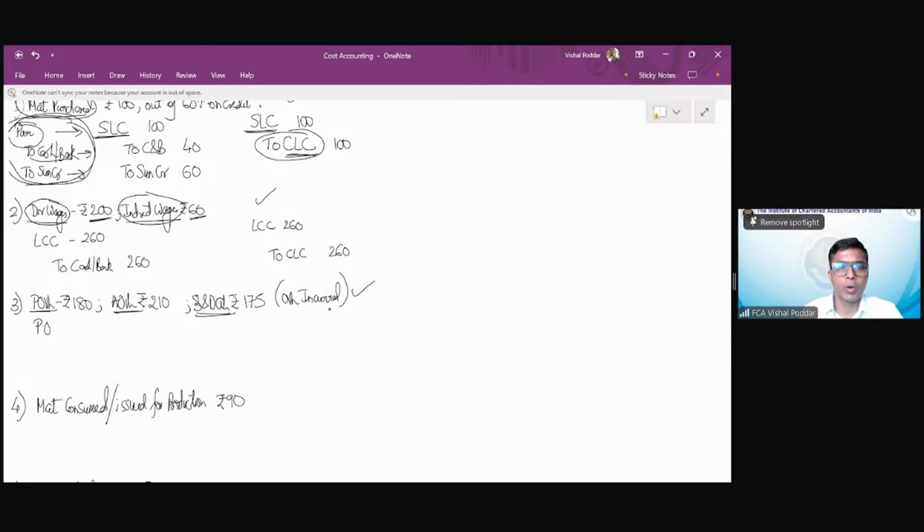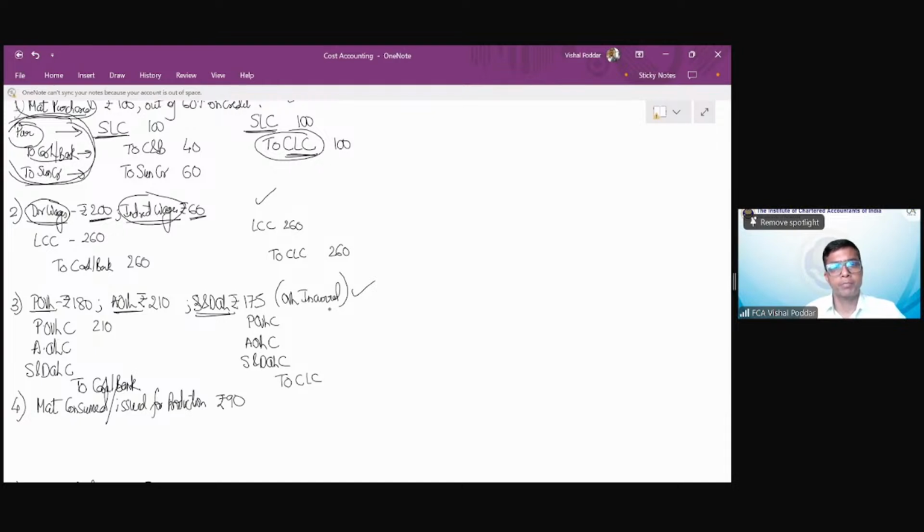Again, overheads account debited, obviously you call it as control, to cash bank. Same thing is in non-integrated, overheads account debited, and credit is the common account, which is the CLC.